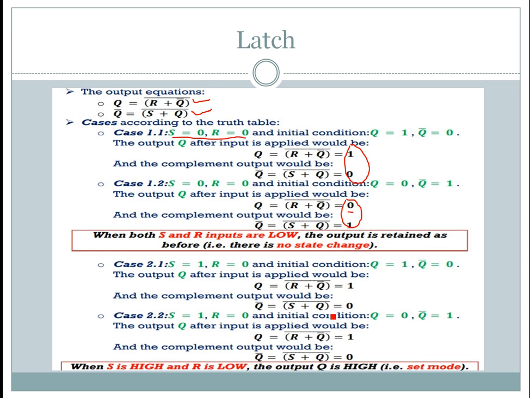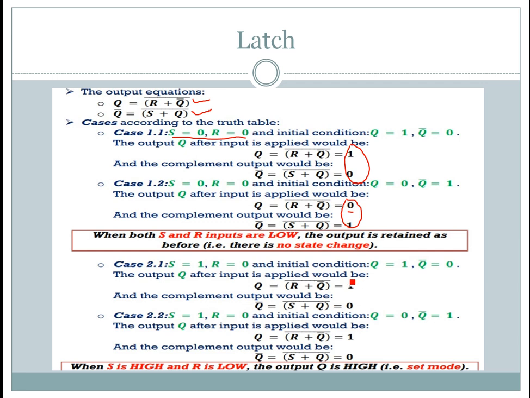And the complement output, S plus Q whole bar: S value is 1, Q value is 1, so 1 plus 1 is 1, 1 whole bar is 0. And for the same input, consider Q 0 and Q bar 1. We will get the next state value Q equal to 1 and Q bar equal to 0.